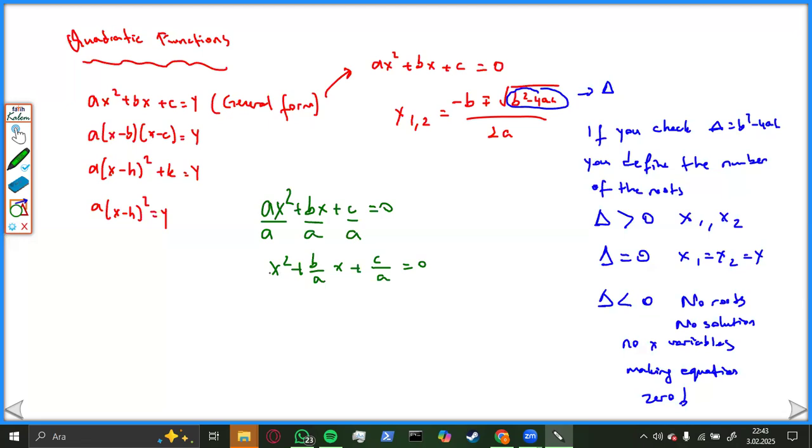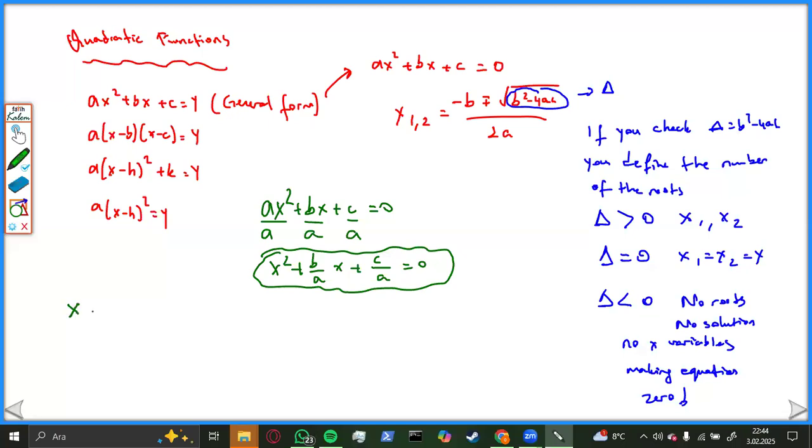But as you can see, we get rid of the coefficient a from x squared. I want to show you some calculations.